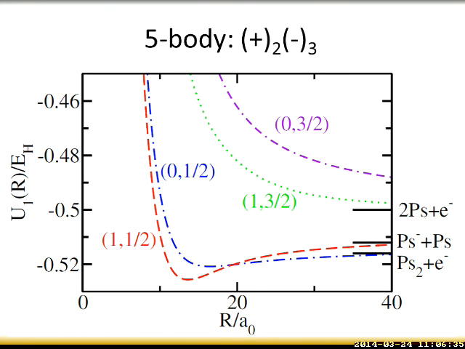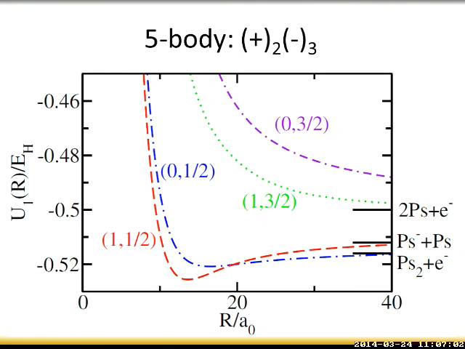In the other case, which is more interesting because it's still not confirmed, there's still a little bit of debate whether a 5-body bound state can exist in the system. And I see that when I have the electrons spatially closer together, I have these 2 curves that go to the lower breakup channels of a positronium ion and a positronium, or the positronium molecule and a free electron.